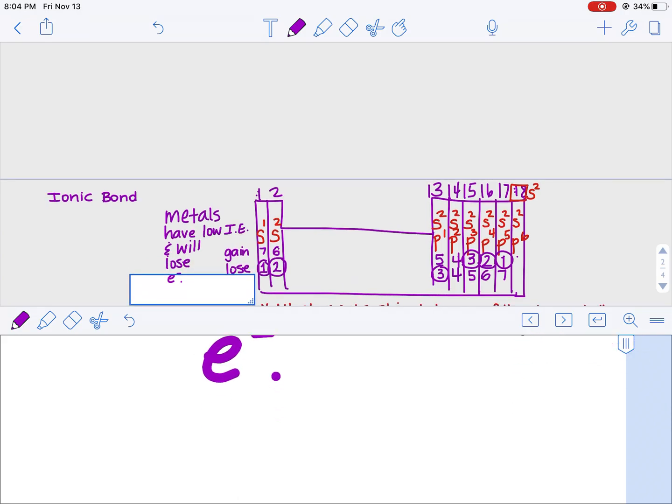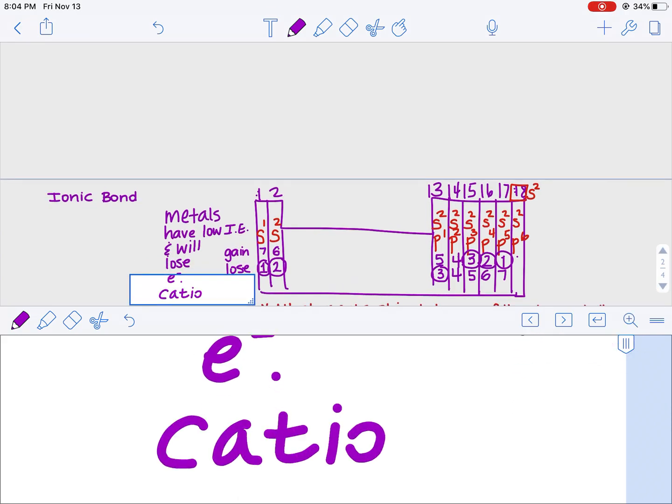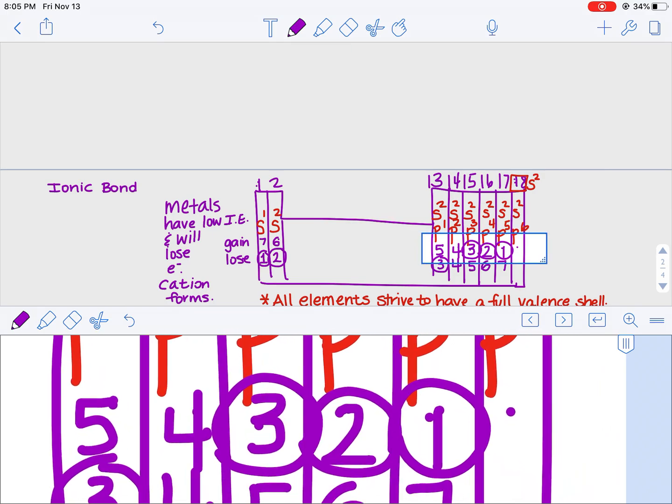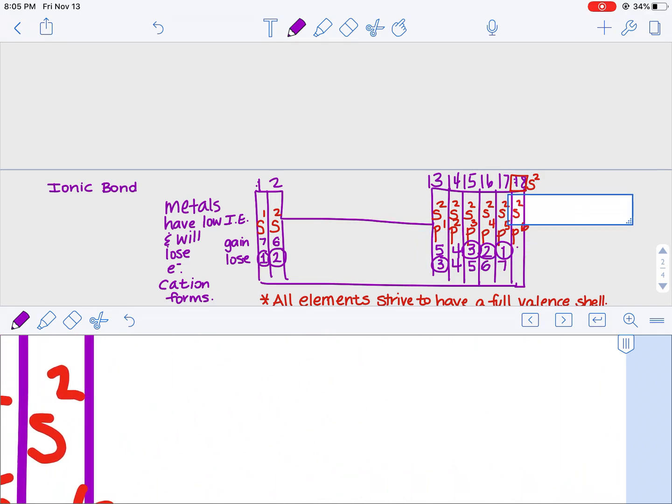Whenever an atom loses an electron, a cation will form. Last unit, we also learned that atoms that have a high electronegativity are going to be very likely to gain electrons, and those would be our nonmetals.